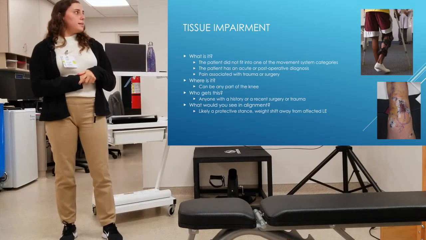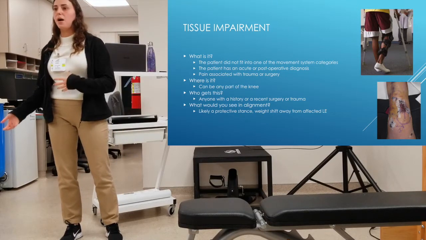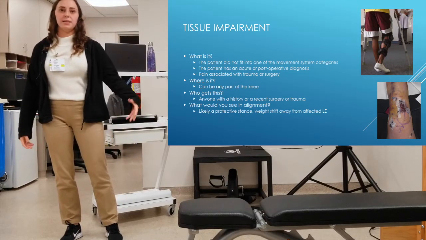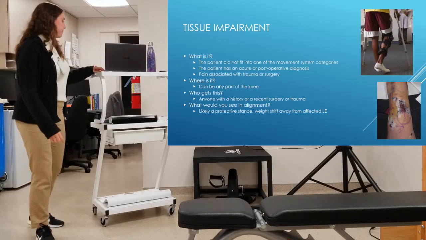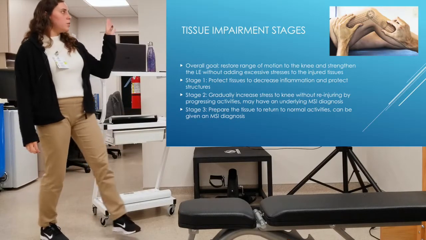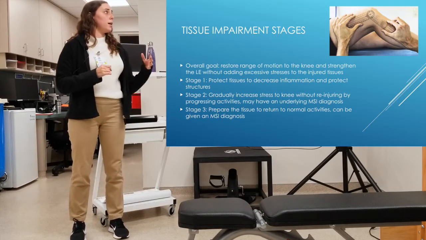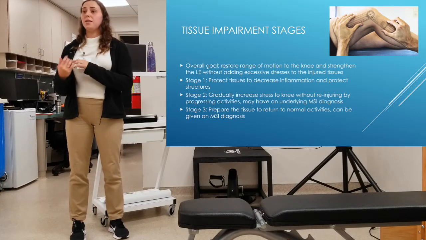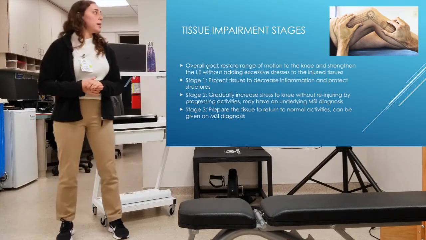So likely these patients will be standing in an alignment where they have a protective stance or they're weight bearing on the leg that's not affected because they're having a lot of pain or problems with the affected leg. So the overall goal when you're giving a tissue impairment is we want to get that range back if they are limited on that, and we want to strengthen without putting too much stress on the tissue that we're going to re-injure it. So that's our goal.